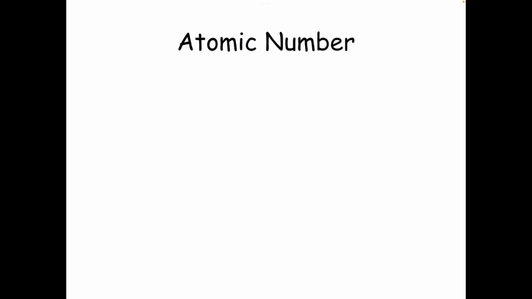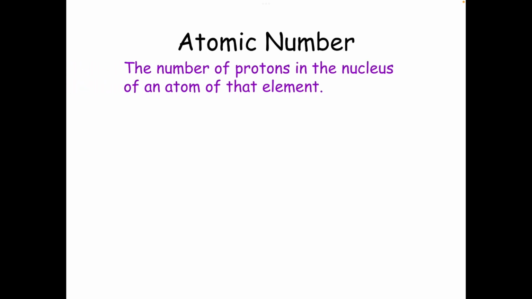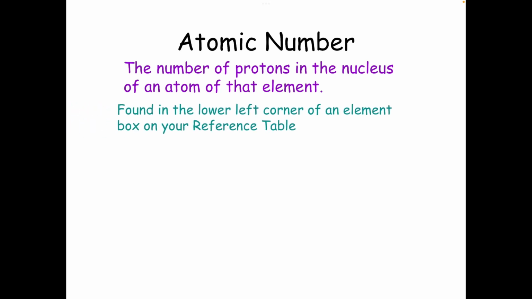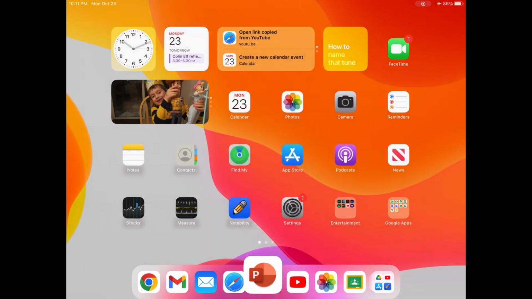So atomic number has to do with some of the particles we were talking about earlier. In fact, it has to do with protons. Atomic number is another way of saying the number of protons. You would go to the lower left corner of an element box on your reference table to find out.